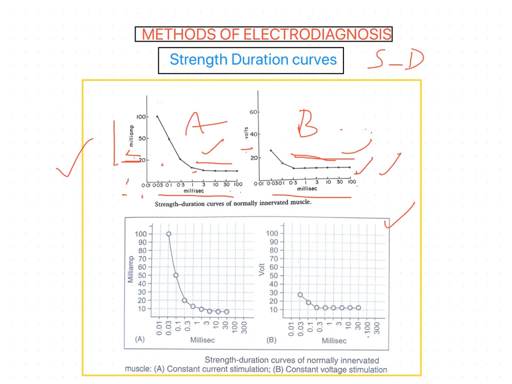The curve is of this typical shape because the same strength of stimulus is required to produce a response with all the impulses of longer duration, while those with shorter duration require an increase in the strength of the stimulus each time the duration is reduced. The point of rise of the curve with a constant current stimulator is around 1 millisecond, whereas that with the constant voltage is at 0.1 millisecond.